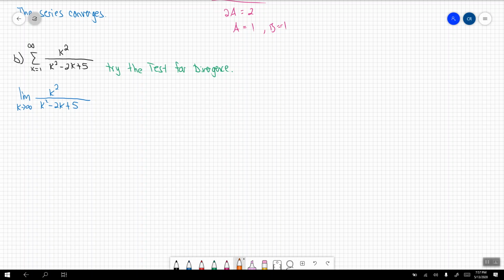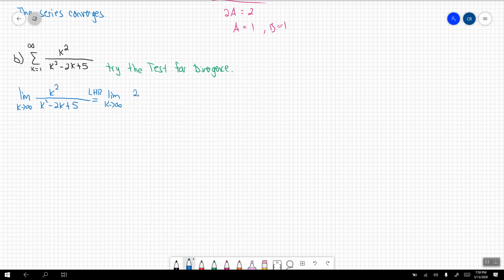Let's see what's going to happen here. Taking that approach, I'm going to use L'Hopital's rule. And we can use L'Hopital's rule here specifically because when we take the limit, we get infinity over infinity, which is one of the indeterminate forms that we like to look at.